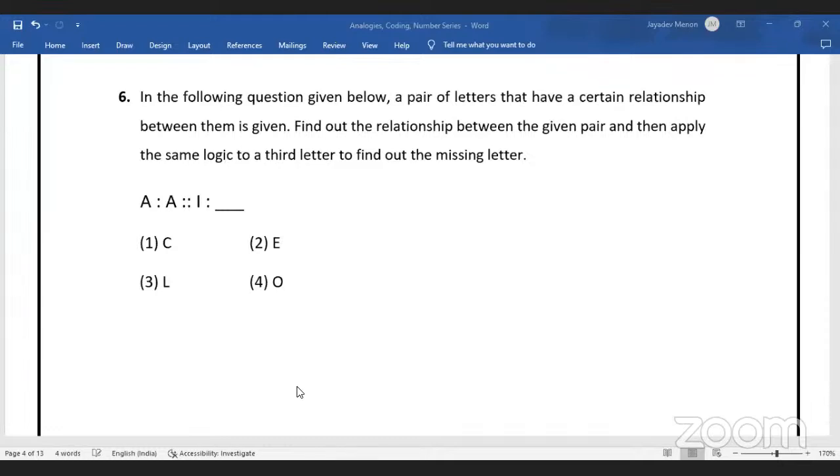Very good, Alvin, Anjana. Option 1 is correct. Answer is option 1.